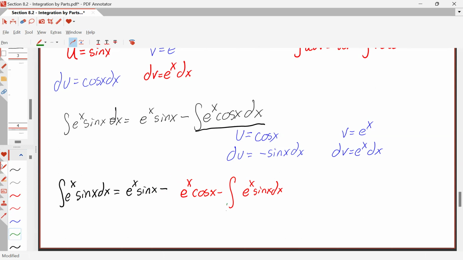The thing we're trying to solve for appears in the equation. We can treat it like a variable. We can add the integral of e to the x sine x to both sides. And 2 times the integral is equal to e to the x sine x minus e to the x cosine x plus c, because there's no longer an integral on that side.